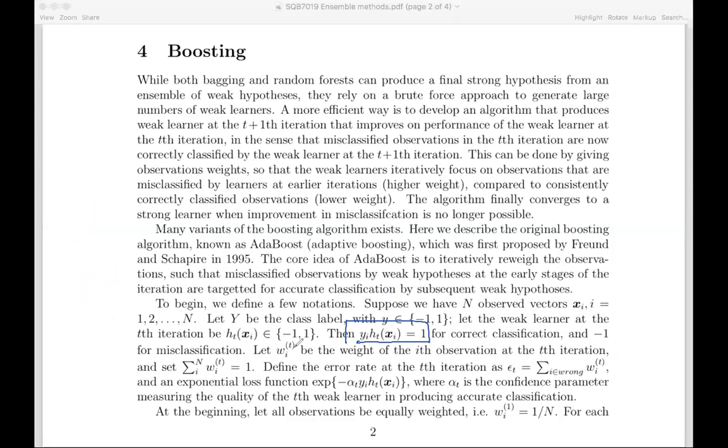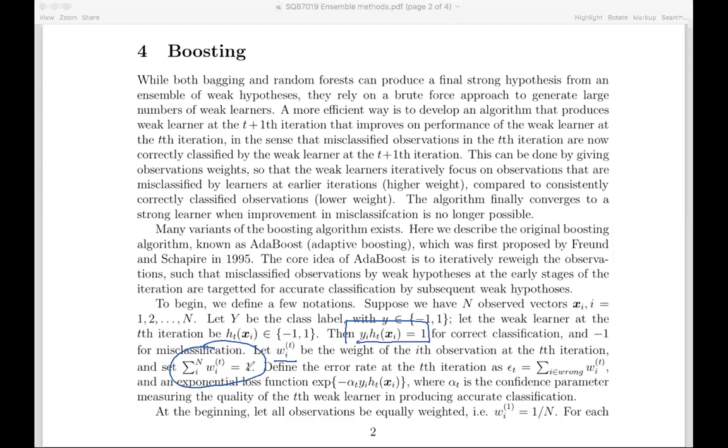Let w_i superscript t be the weight of the i-th observation at the t-th iteration. Each observation has a weight, and the weight will keep getting adjusted throughout different iterations. The sum of the weights has to be equal to 1.